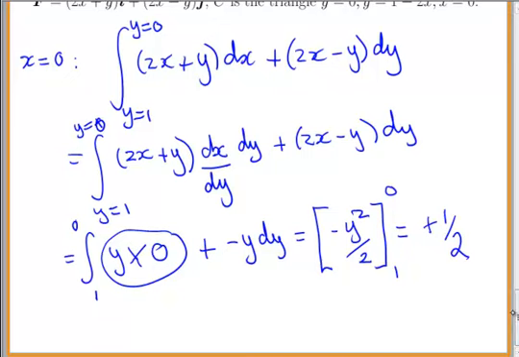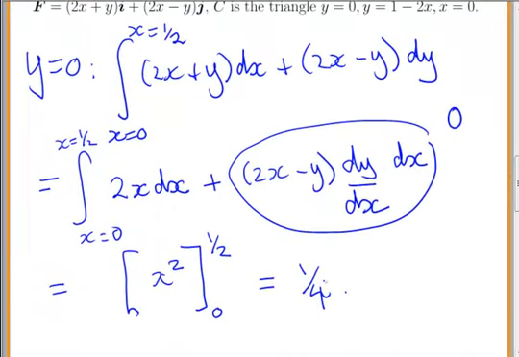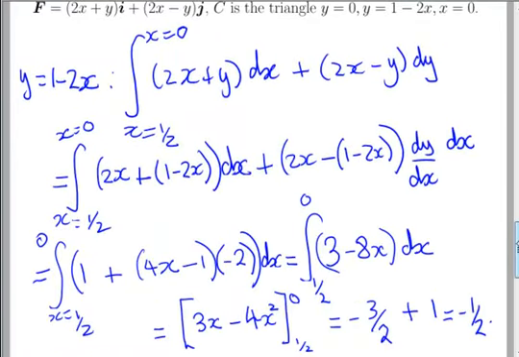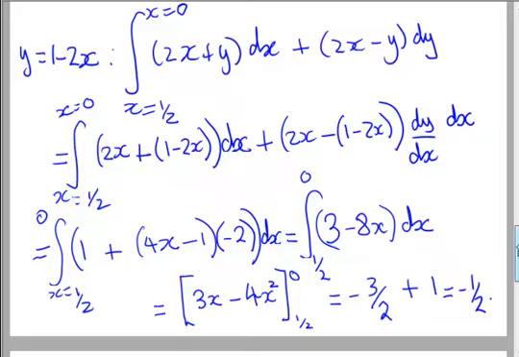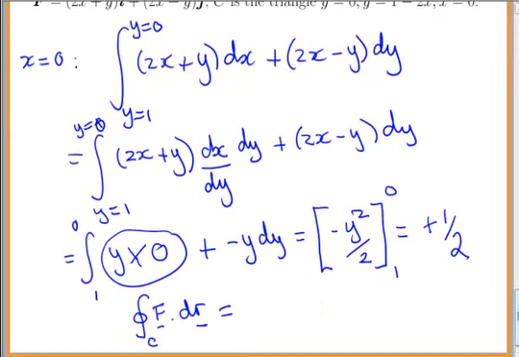Finally, to get the whole integral, we add them all up. So our integral along the curve C of F dot dr is going to be the first one we got, the first line, which gave us a quarter, plus the second line, which was minus a half, plus the third line, which was a half.